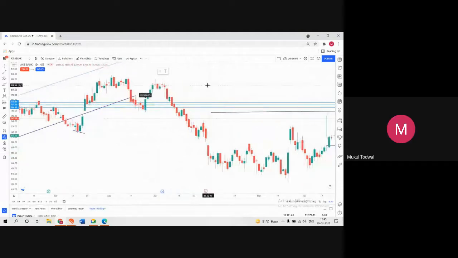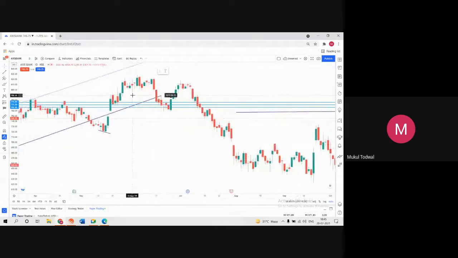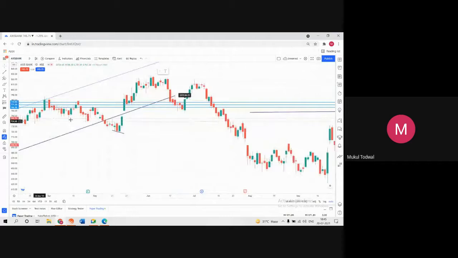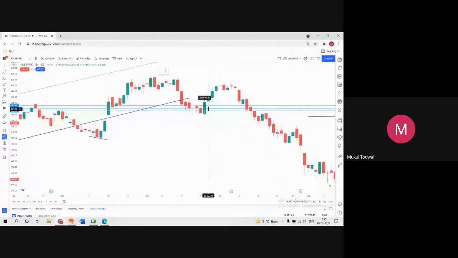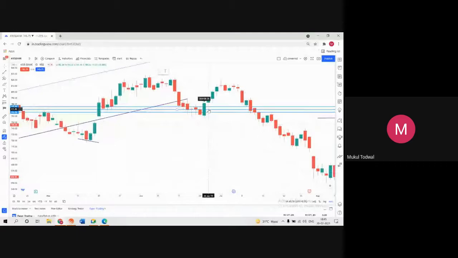See, the stock is somewhat not in any direction right now. It was going up, it went down, and now what you can see is, you are an intraday trader while you are analyzing charts, or you are particularly taking calls for the upcoming few days only.